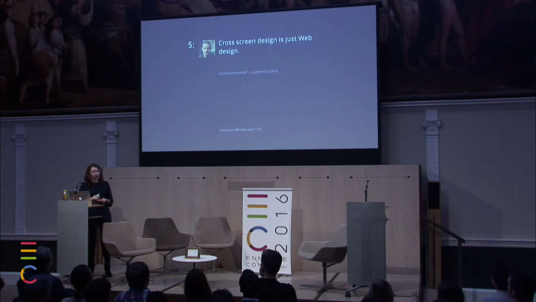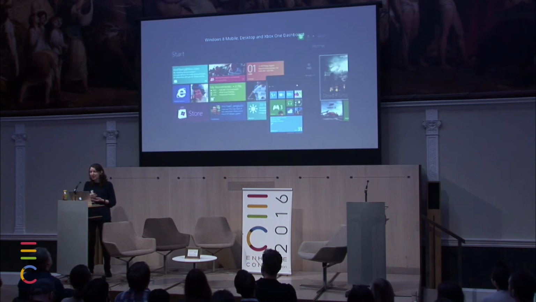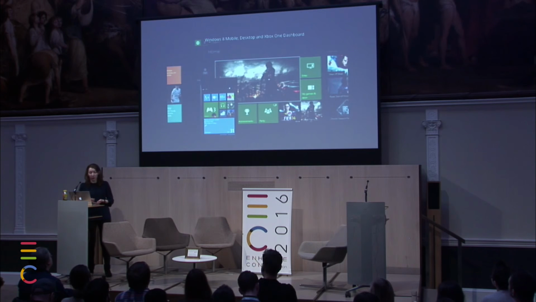Finally, the most important piece of advice I learned, which is summed up nicely in this quote from Cameron Moll, is that cross-screen design is web design. As people who work on the web, it's our job to think about stuff like this. Microsoft get it. They know how to design for multiple inputs because they built the Xbox.